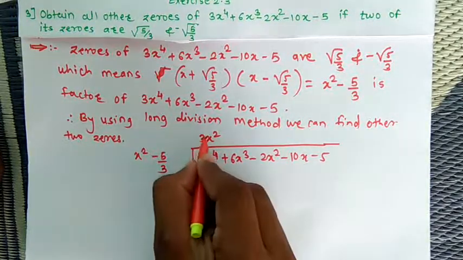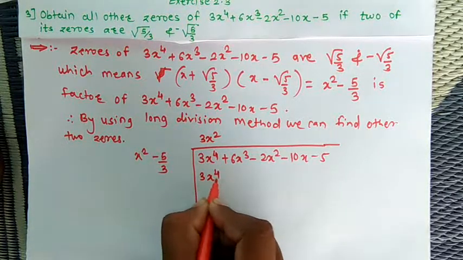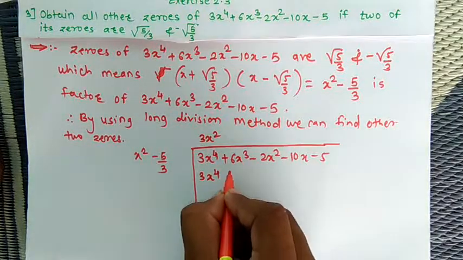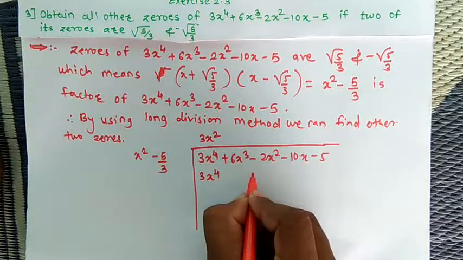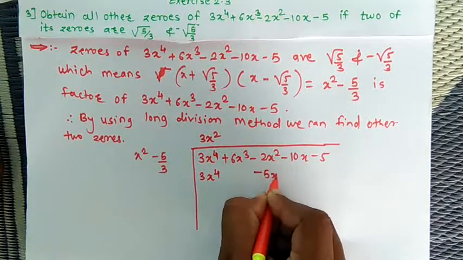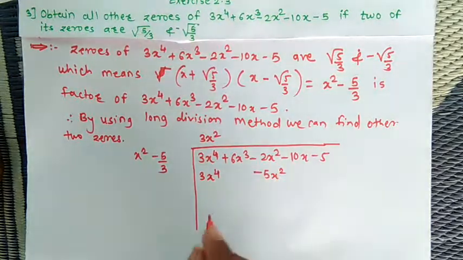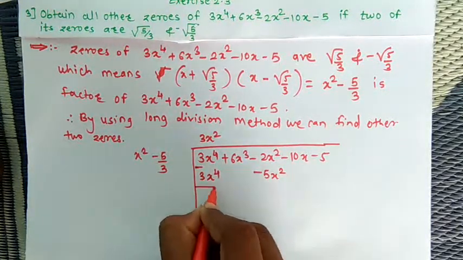Now we have to multiply this. X square into 3x square is 3x raised to 4. Then minus 5 by 3 into 3x square will come minus 5x square. We have to write like terms below. Now we have to subtract it.